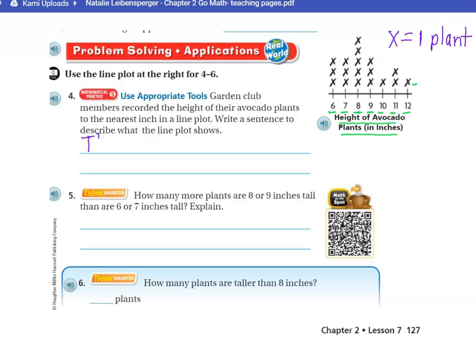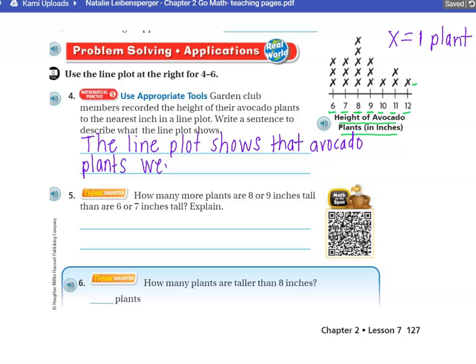The line plot shows, so you can go ahead and write along with me, 127. The line plot shows that avocado plants were 6, 7, 8, 9, 10, 11, or 12 inches tall.